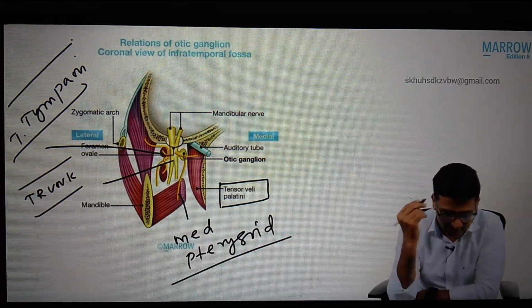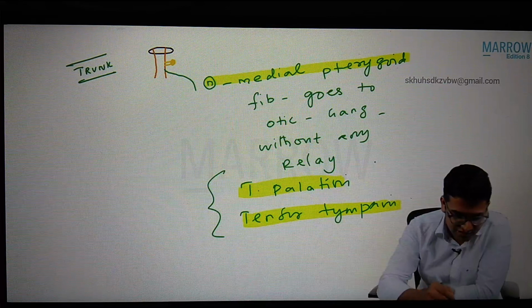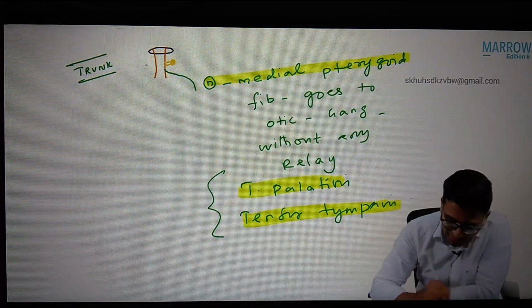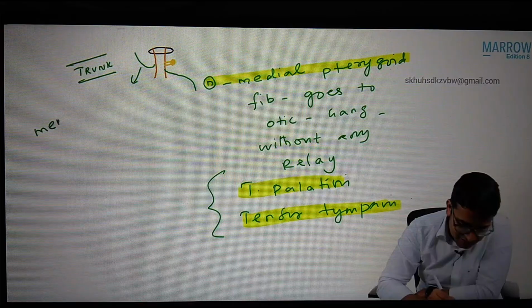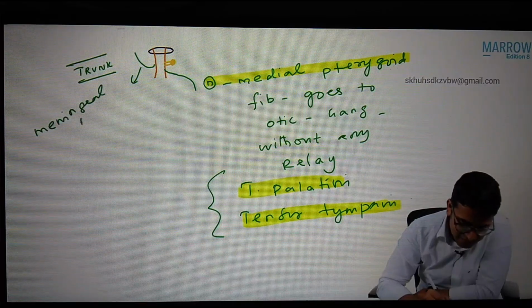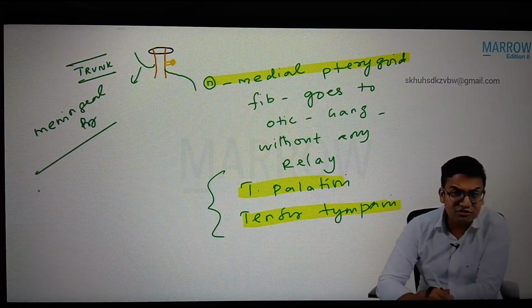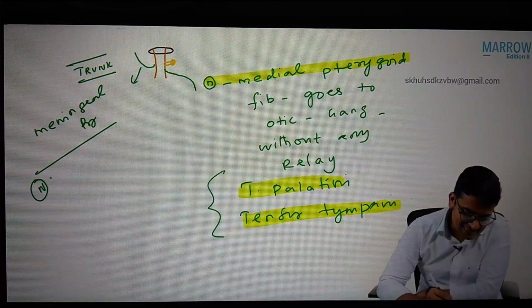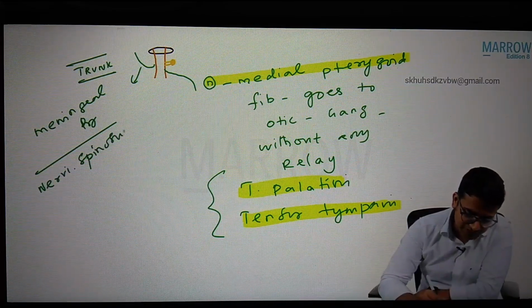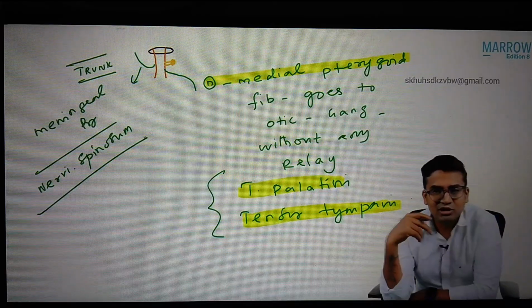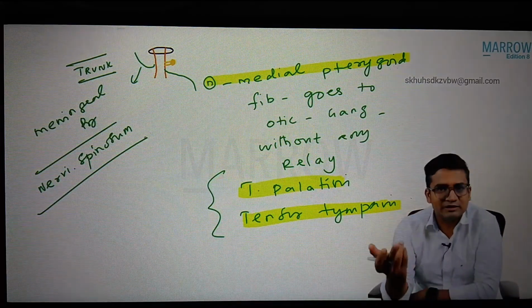And the trunk of the mandibular nerve also gives a meningeal branch, also known as nervi spinosum, which passes through the foramen spinosum.